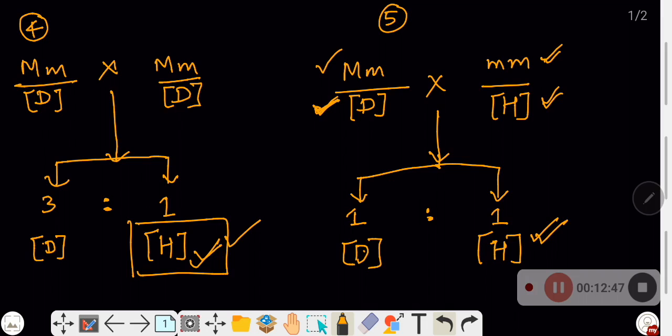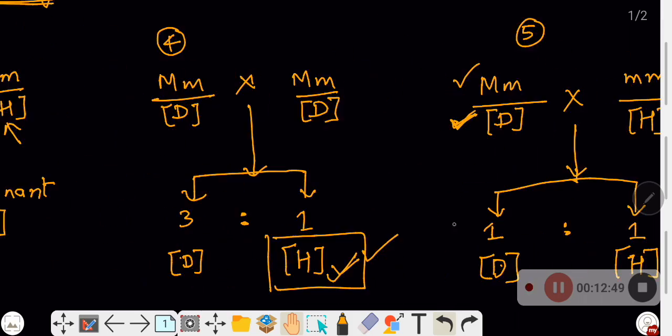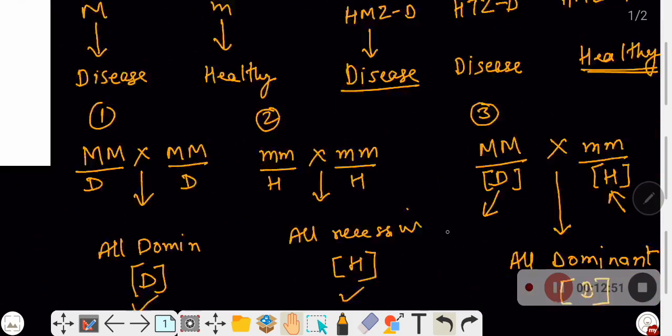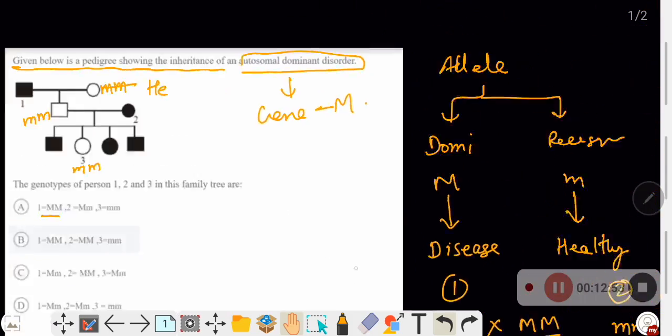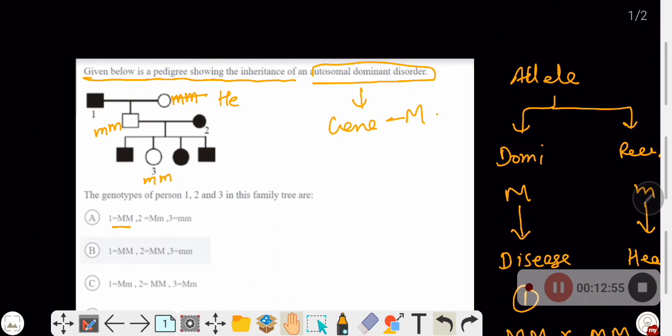Now we go back to the pedigree analysis. Okay, so now what we see here is a healthy progeny. And we know that healthy progenies are only possible if both the parents are diseased, which means both will be heterozygous.